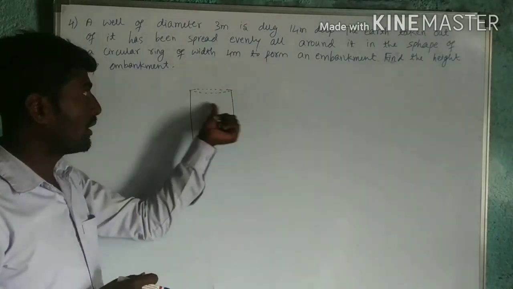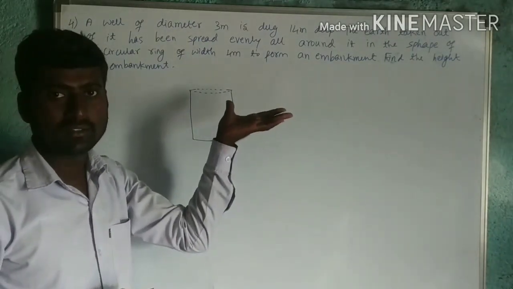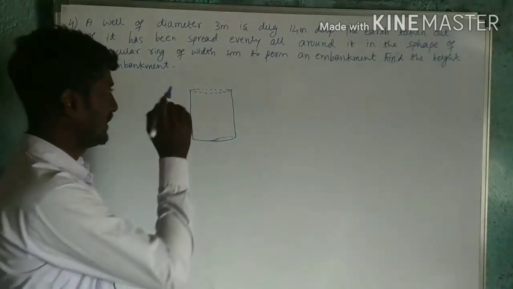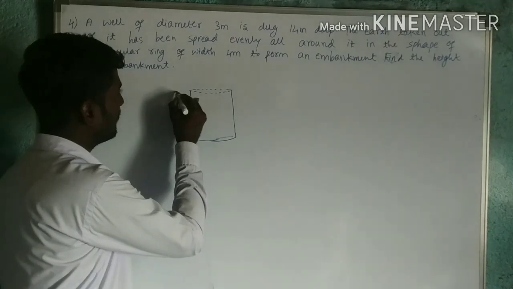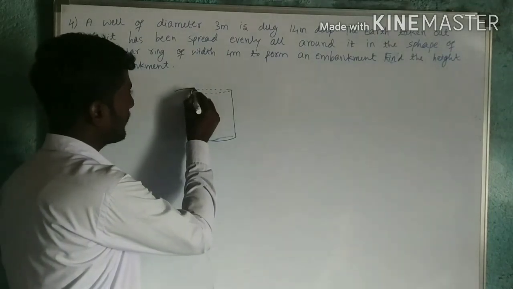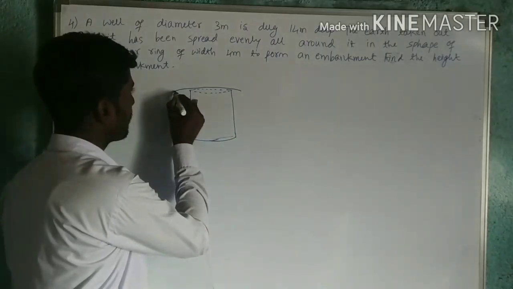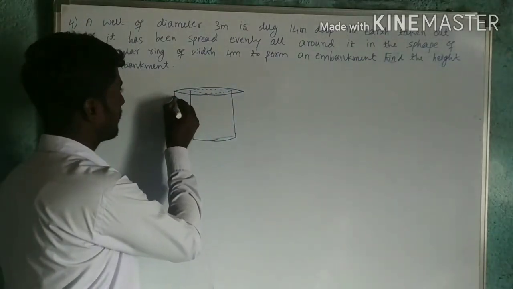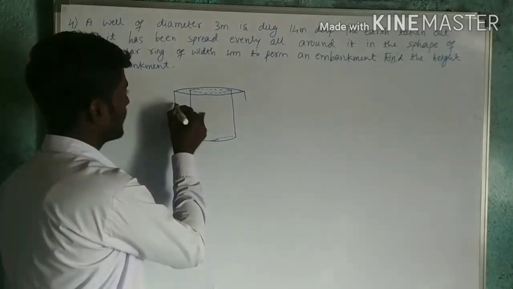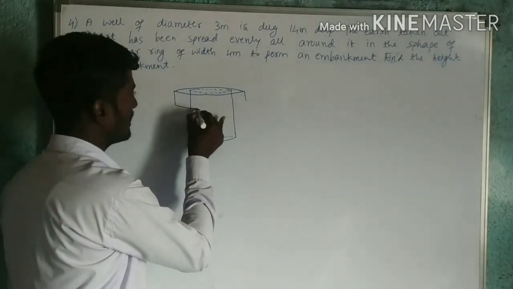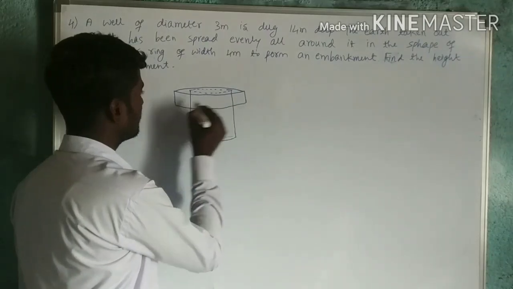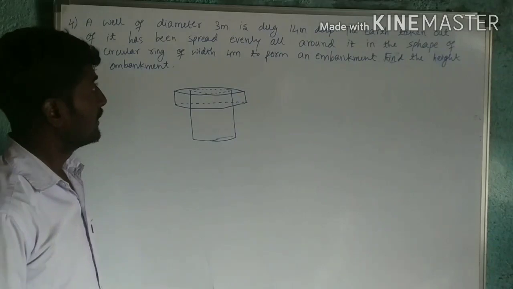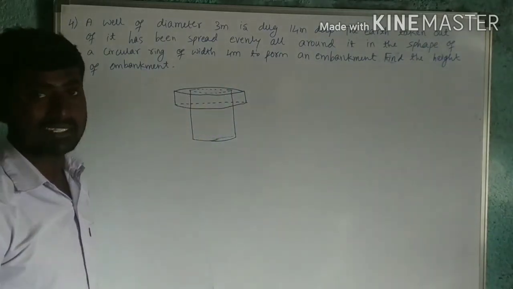So in that way you have to form an embankment, which is in the shape of a cylinder. Let us form it here. Next, the width of this embankment is given.